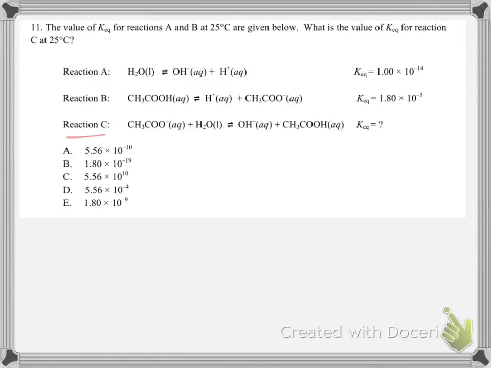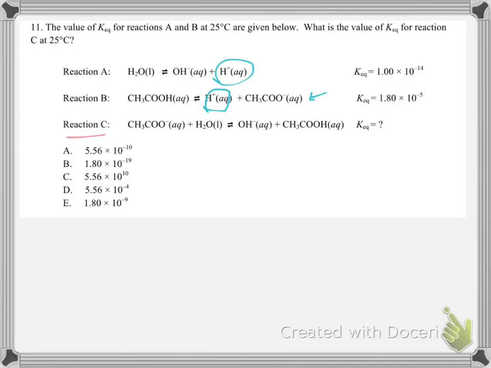Okay, so I see that we have protons in the first two reactions that aren't present in our third reaction. So I need to cancel those. So we'll have to flip one of the reactions over so we can have them cancel from product to reactant sides. So I'm going to flip the second reaction because that gets the acetate on the reactant side like we need and the acetic acid on the product side like we need.